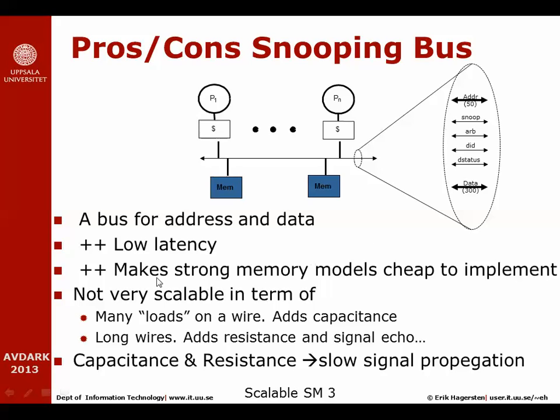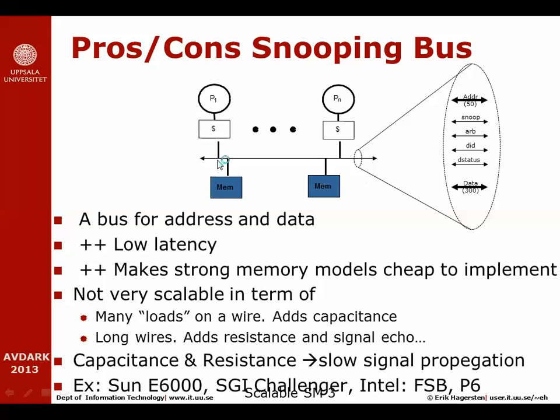Another no-no is to add resistance to that wire, and resistance actually goes up since the bus wires are long. Long wires are required to connect all those snooping devices together. So when capacitance and resistance go up, that implies slow signal propagation. When you have slow signal propagation, that means that the bandwidth you can send using each wire goes down. How quickly you can switch between a 1 and a 0, the frequency, goes down with slow signal propagation.